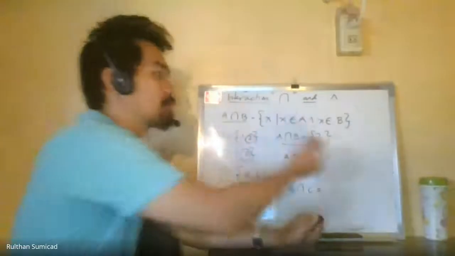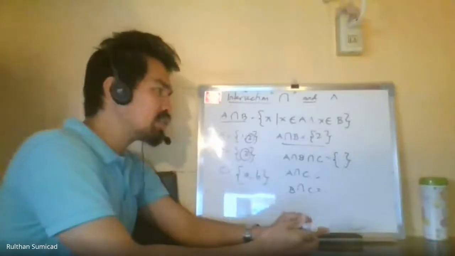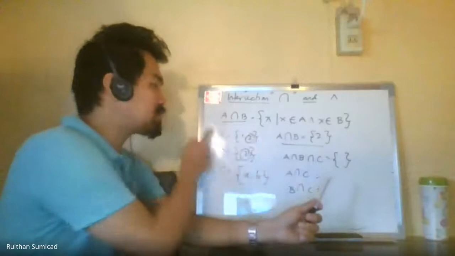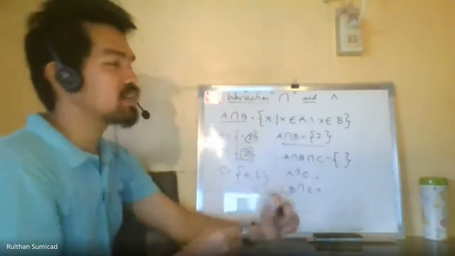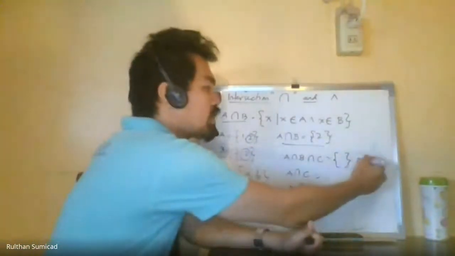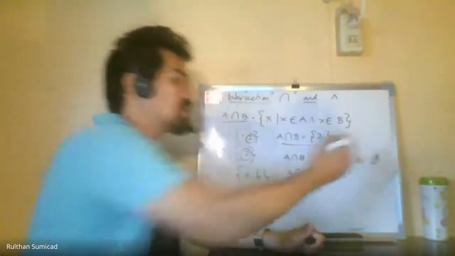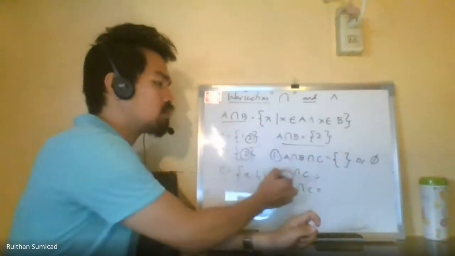Why is it empty? They don't have a common element. Since there are no common elements between A, B, and C, the intersection is empty. We can write it as the symbol for an empty set.